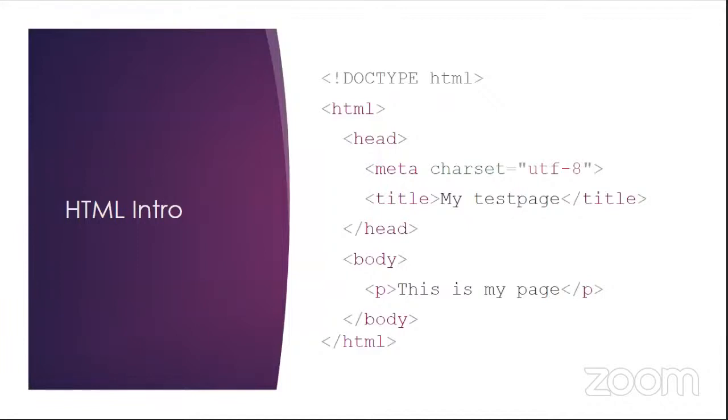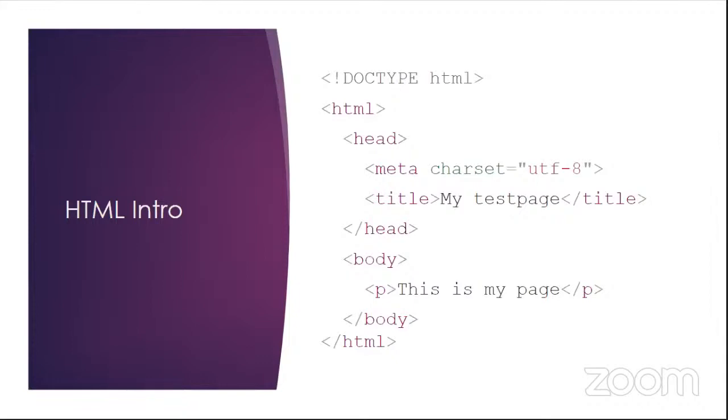Okay, so on this page now, we have an example of an HTML document, right? If you look closely at the top here, you have this right here. Now there's a long history behind this, but I can't get into that right now.